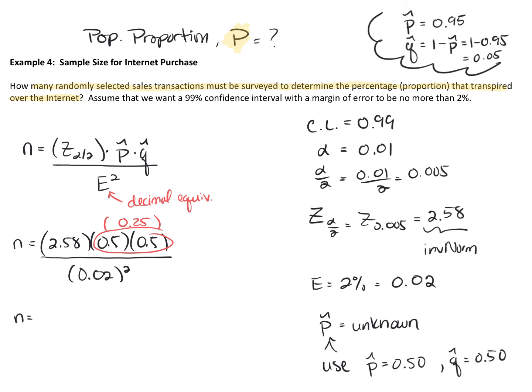And so when we do this calculation, it turns out that we need at least 4,160 sales transactions or larger. So 4,160 or larger, right, in order for us to estimate p with 99% confidence and be within a margin of error of 2%.